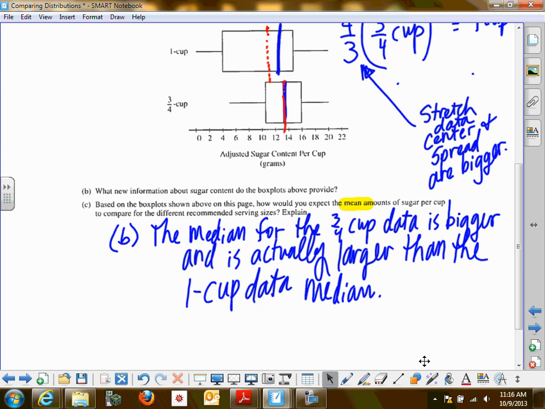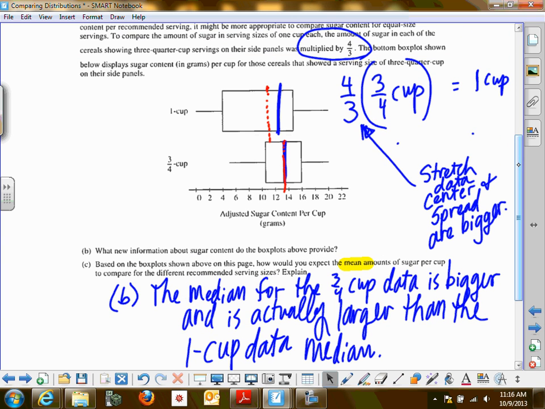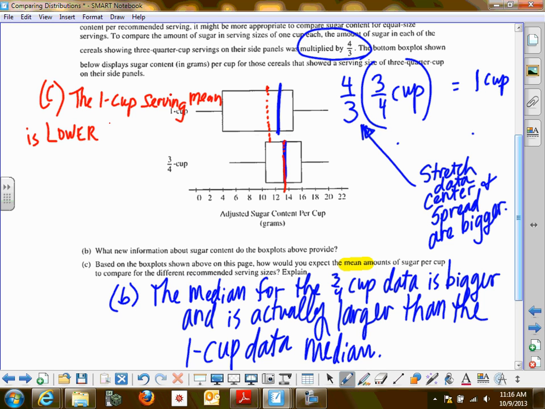So I'm going to write it up here so I can reference the picture. So for part C, I'm going to say something like this. The 1 cup serving mean is lower than the 3/4 cup serving mean.